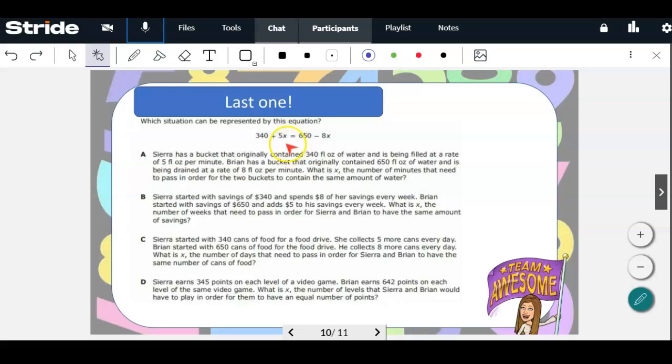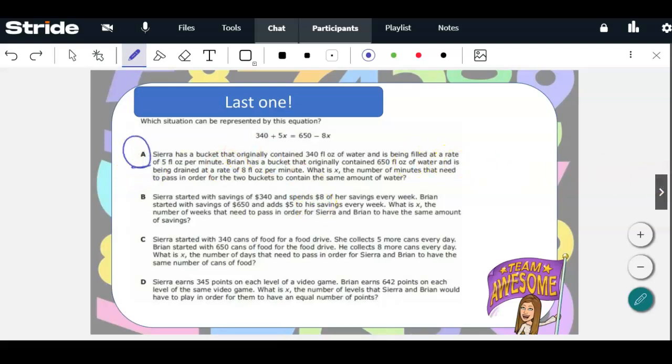So that could represent the 5x, 5 times the number of minutes. Brian has a bucket that originally contained 650 ounces of water and is being drained at the rate of 8 ounces per minute. Yep, that's exactly what it is, because if it's drained, you're taking it out. So the answer is A for that one.